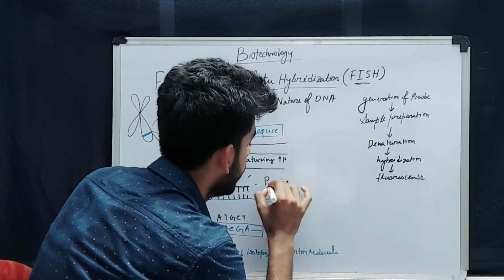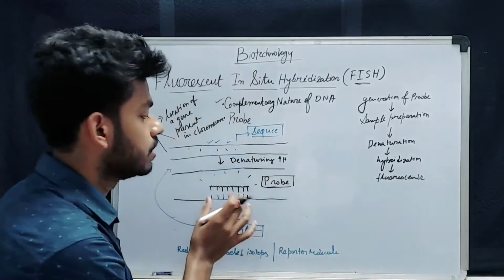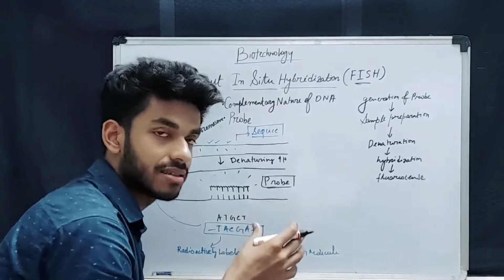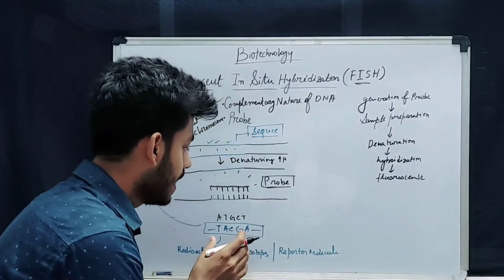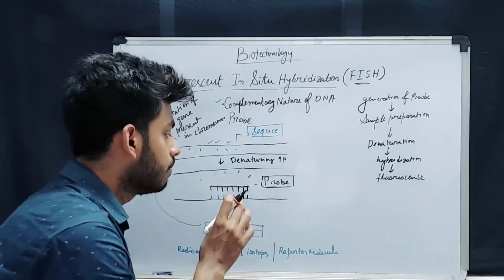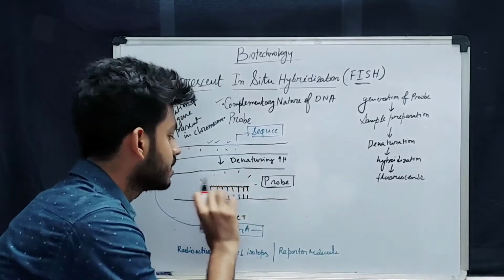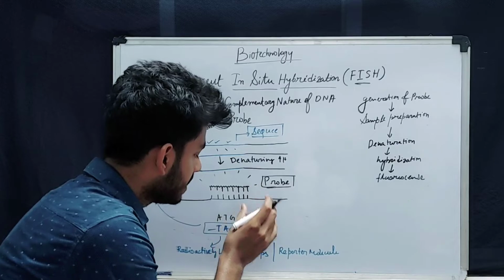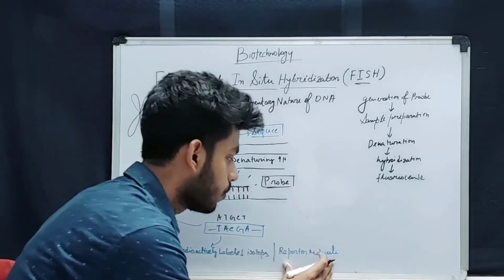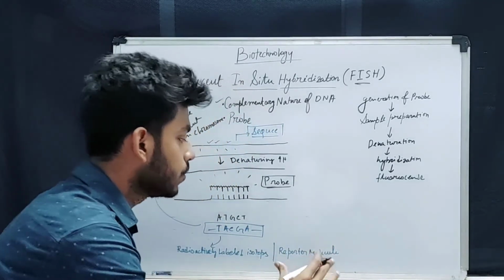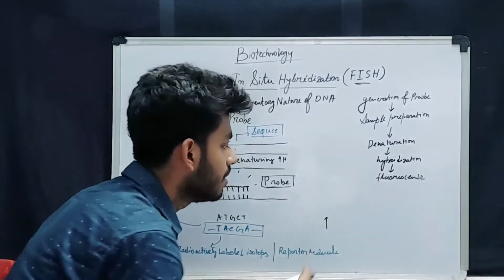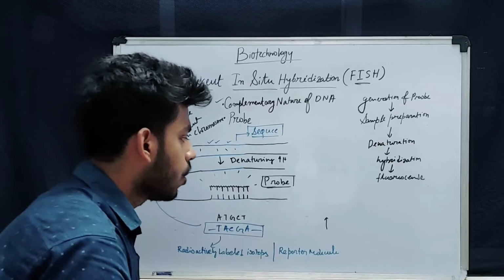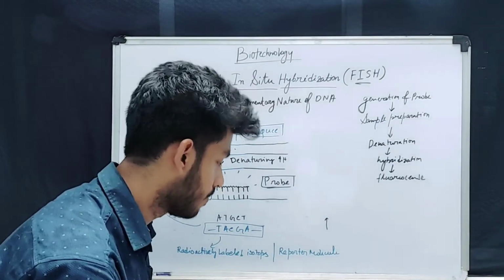As the probe has a complementary nature, it will bind to that specific site only. And as the probe is radioactively labeled, or a reporter molecule is present in it, it will let you know that the binding is complete, and you can easily observe the results after binding.